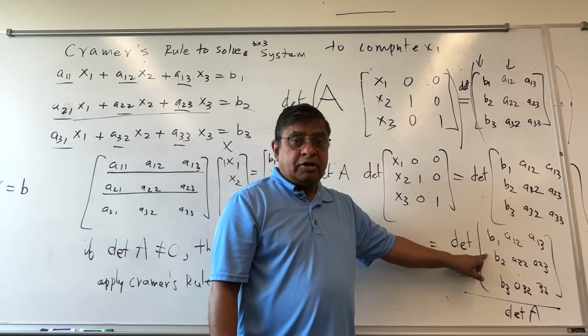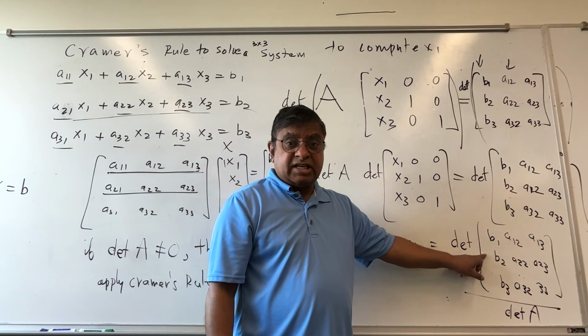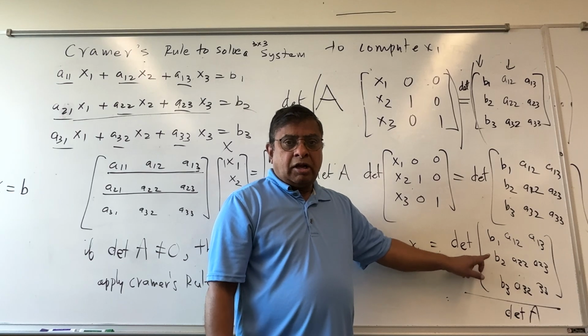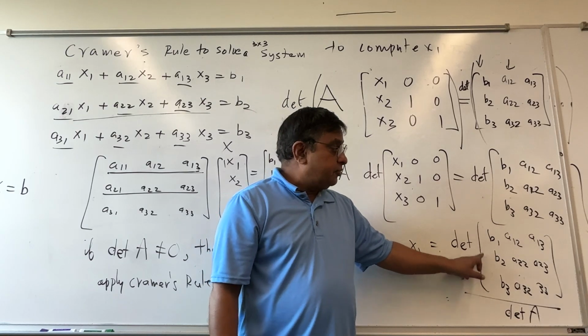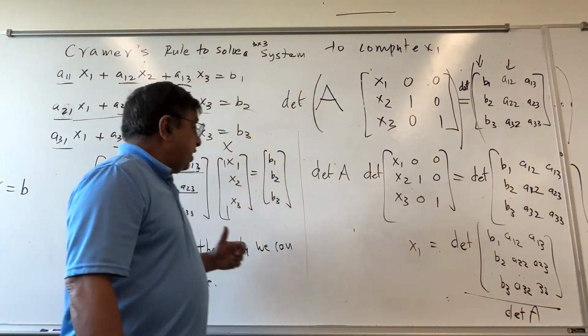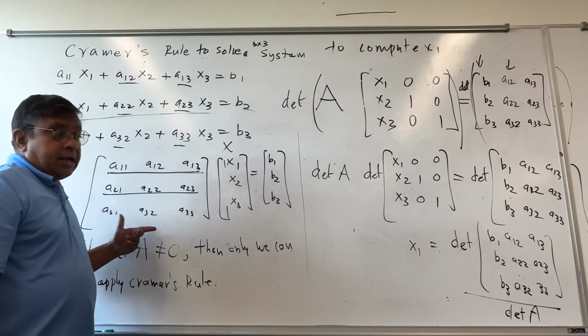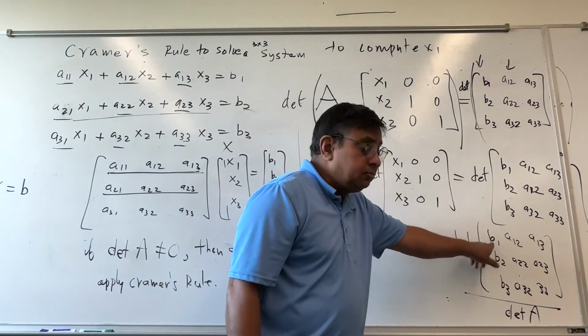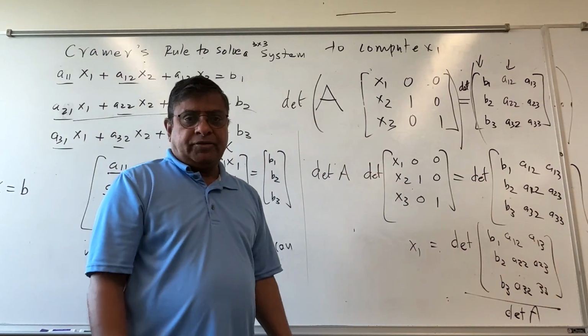In the top, you're computing the determinant of a specific matrix. How did we get that specific matrix? You take the matrix A and replace the first column by the output.